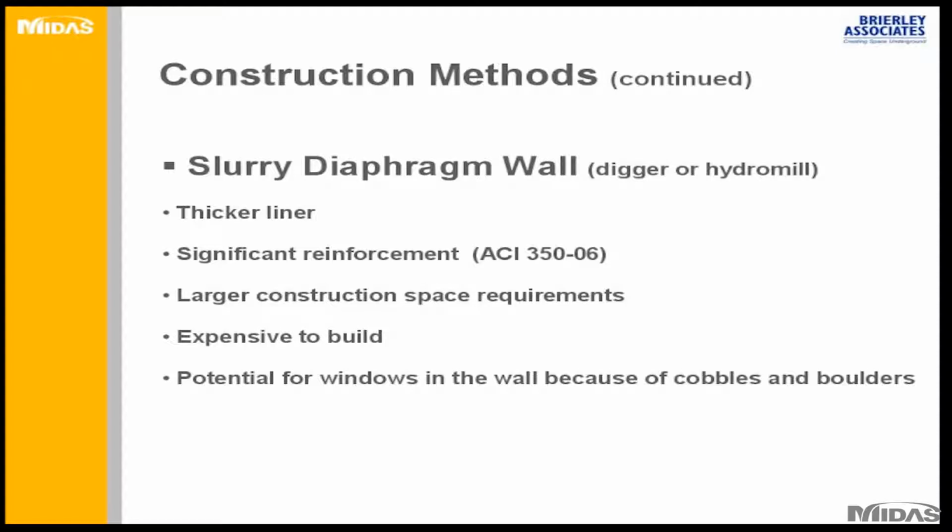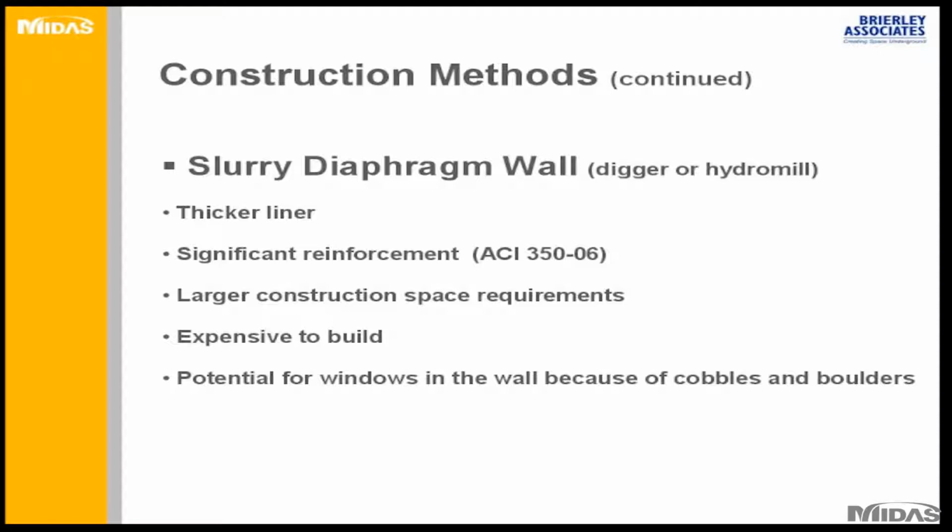The second alternative is the use of a slurry wall system using a digger or a hydro mill, and again we'll end up with a thicker liner. Also, if you apply the ACI 350 code, you will end up with a significant amount of reinforcement needed in the segments.